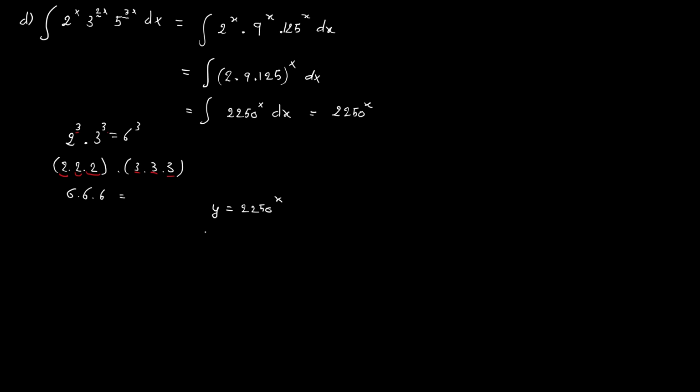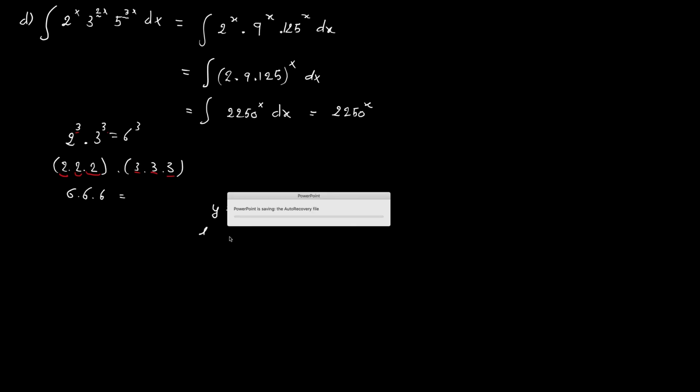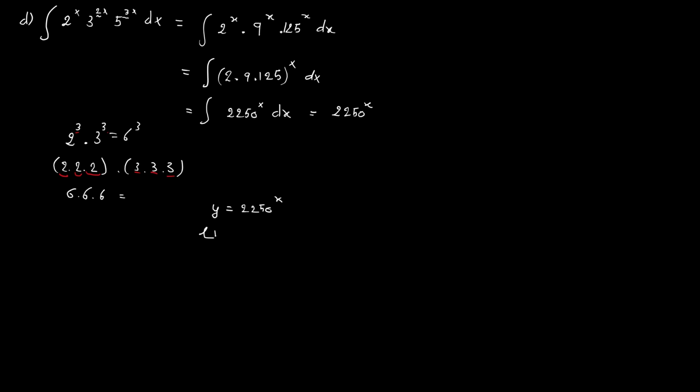Let's differentiate that. First we'll move it around a little bit using our ln. So we get ln y is equal to x times ln 2250, and I think some other people already noticed where I'm going. If we now differentiate it, we find that it's 1 over y times dy/dx, and that's equal to 1 times ln 2250.